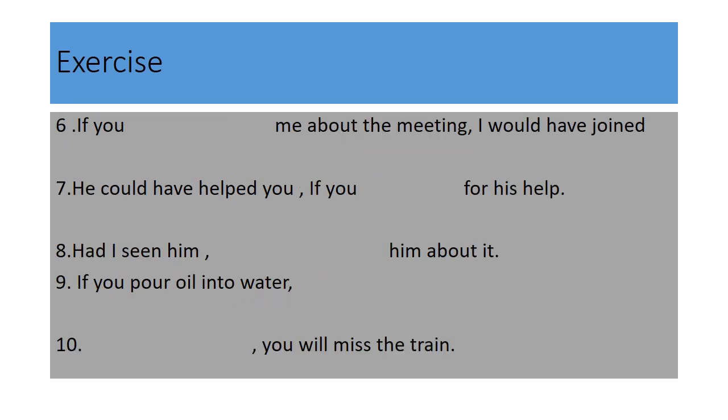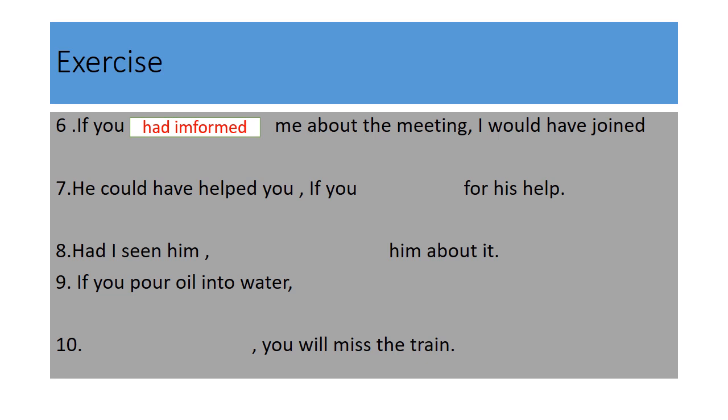Number 6, if you dash me about the meeting, I would have joined. Notice the main clause is in third conditional form, so we have to use past perfect tense here. If you had informed me about the meeting, I would have joined. Number 7, he could have helped you if you dash for his help.